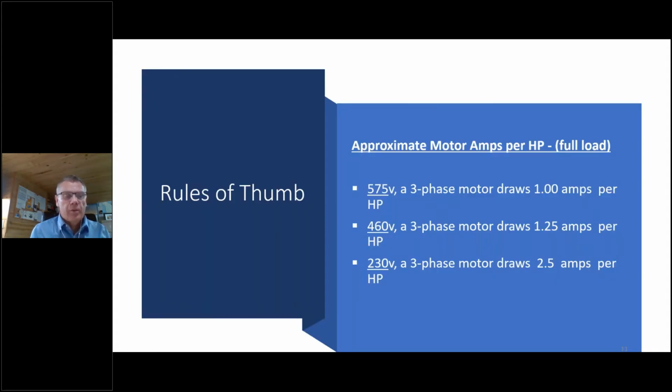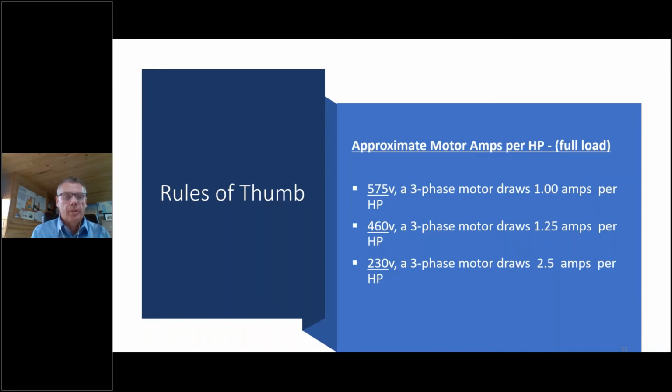Another rule of thumb, which is another fairly good, reliable guideline, is how many amps per horsepower. In this example, I've given you the most common voltages that we use in North America, particularly in Canada. Obviously 575 is very rare in the US, although they do have it in some areas where they have textile mills.